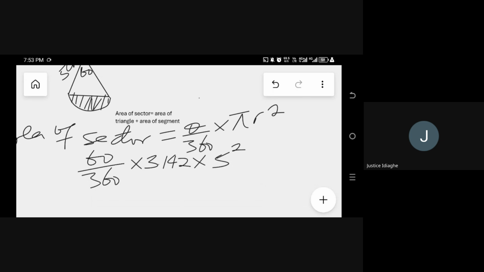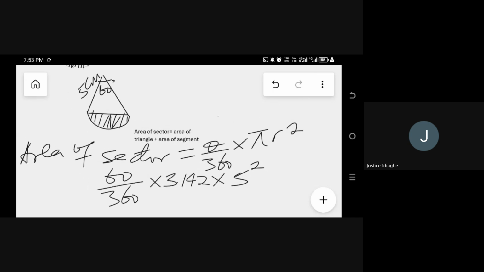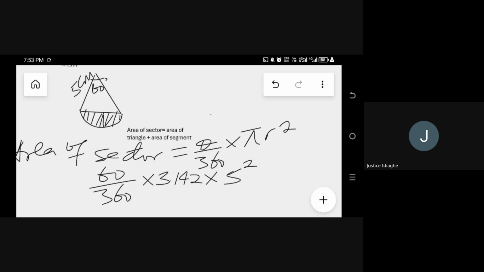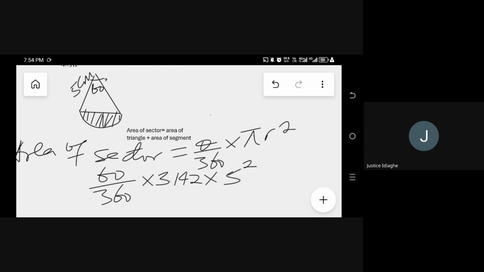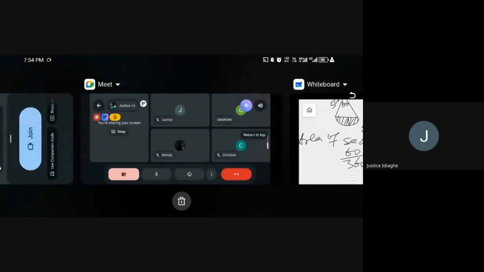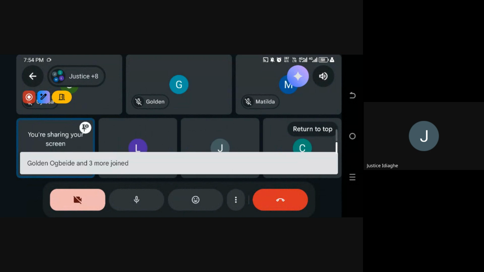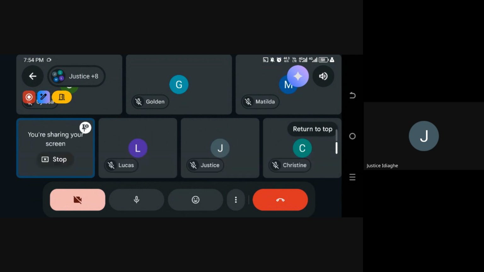What's the overall answer for the area of the sector?